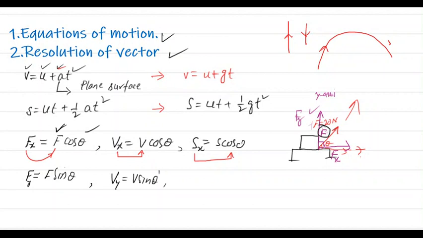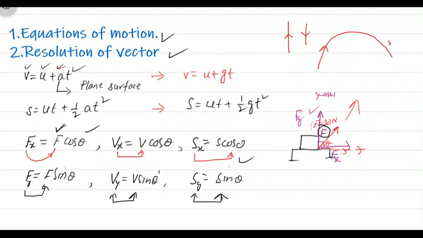And if we're talking about the displacement vertical component, it will be equal to s sin θ. Same thing as we have discussed above: F with F, V with V, S with S. So very simple. You need to keep in mind that we will use these very frequently.